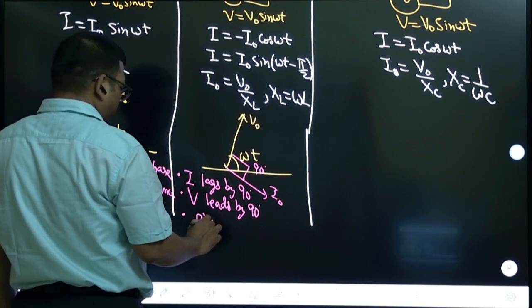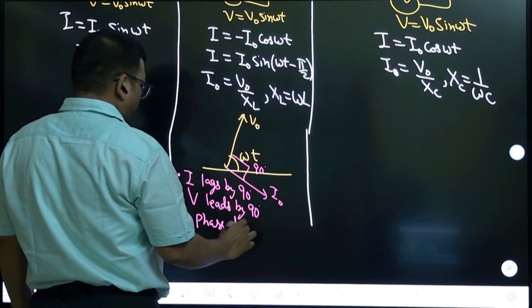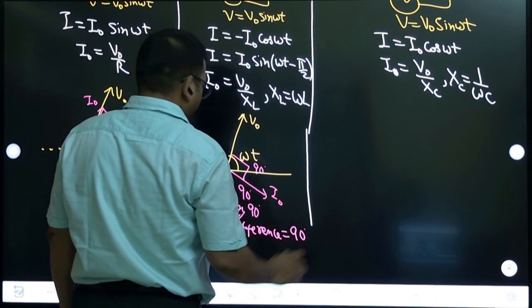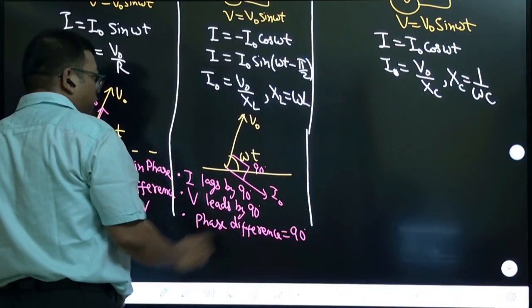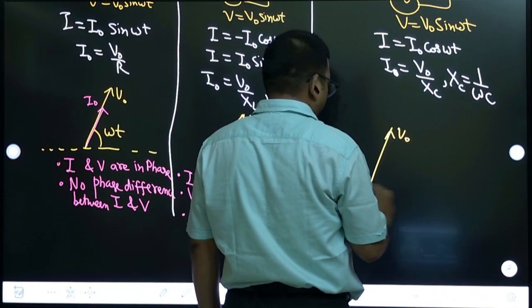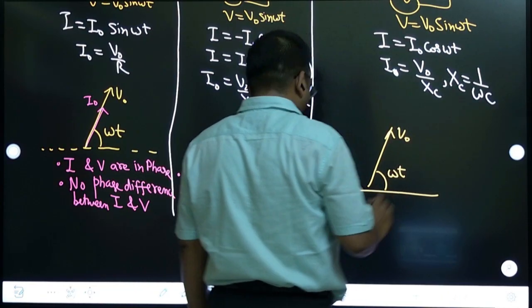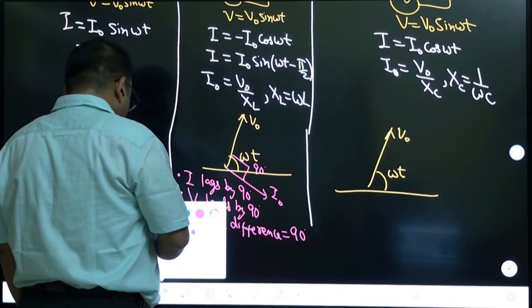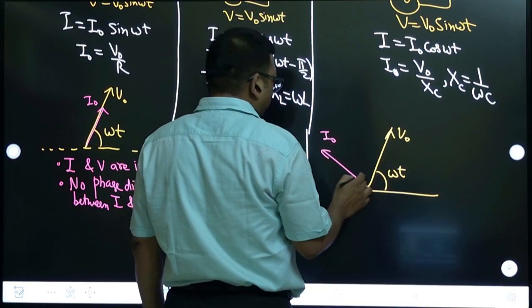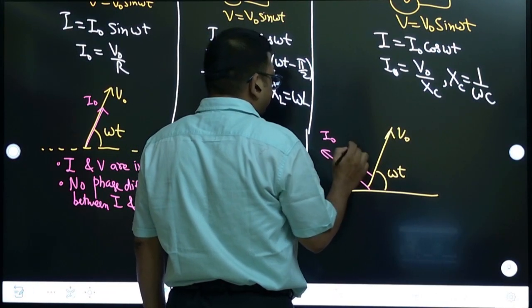So the phase difference is equal to 90 degree here. Next, in the capacitive case, if it is V naught at omega t, the current is leading. Current comes like this, so the angle is like this.